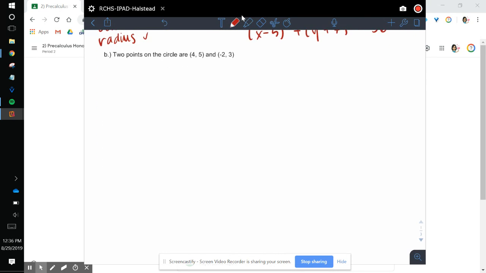Two points on the circle are 4 comma 5 and negative 2 comma 3. Ooh, we need to add a piece of information. So two points on the circle that are directly across from each other.